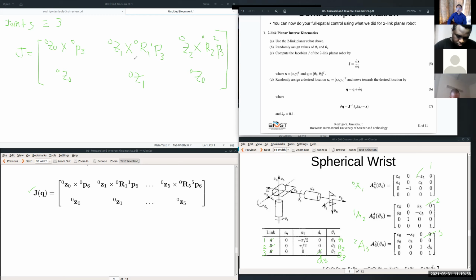So where can we get 0Z0? 0Z0 is just equal to 0, 0, 1. And this one is also equal to 0, 0, 1.